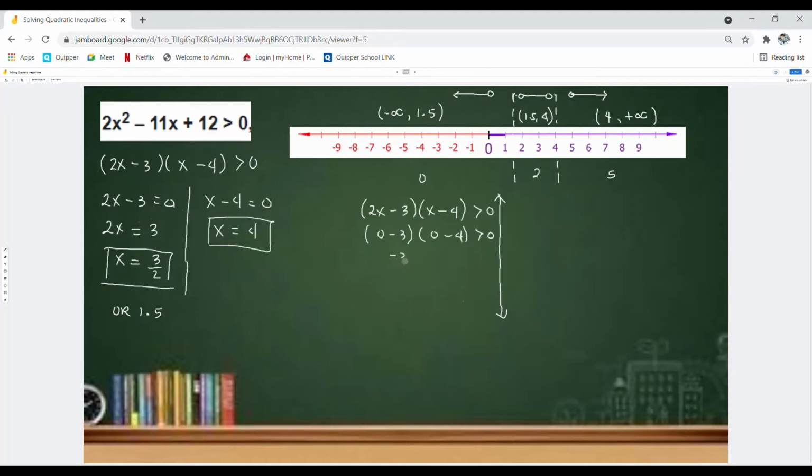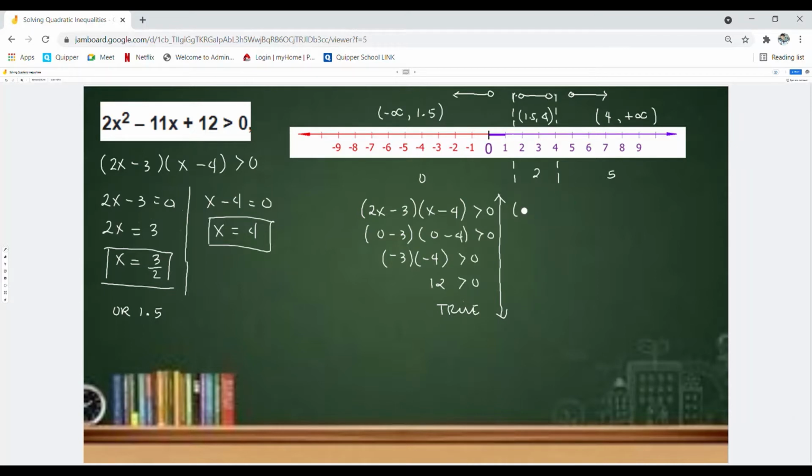So it's negative 3 times negative 4 greater than 0. This is negative times negative, so positive. Is positive 12 greater than 0? Yes. Therefore, it's true. Okay? You see that? Here we will test 2.